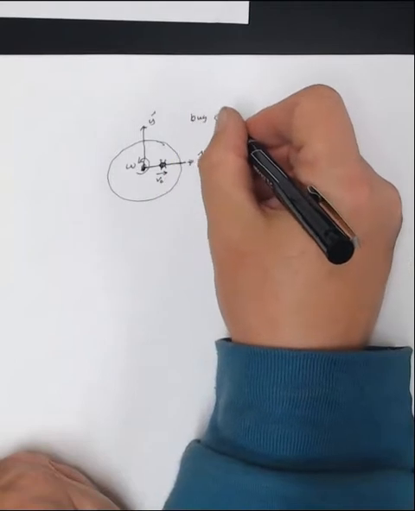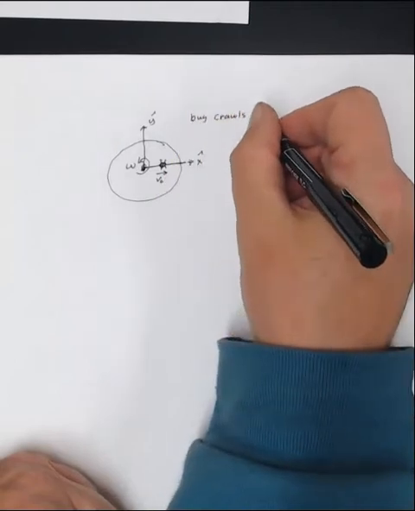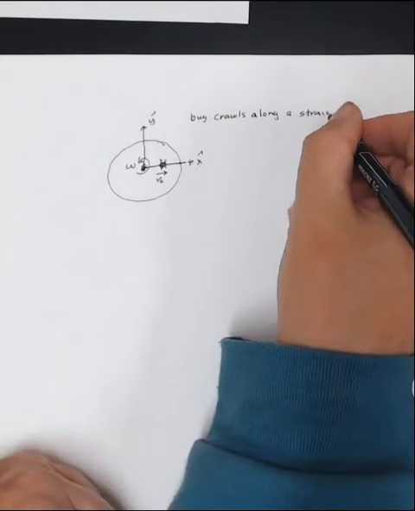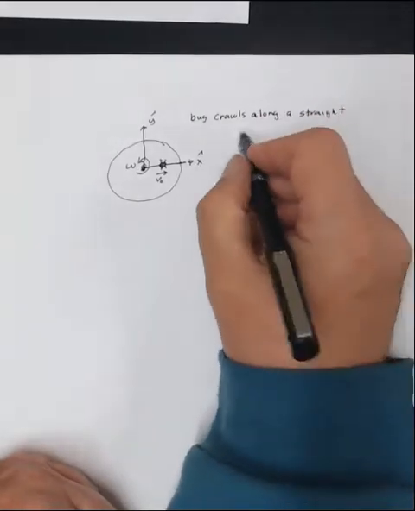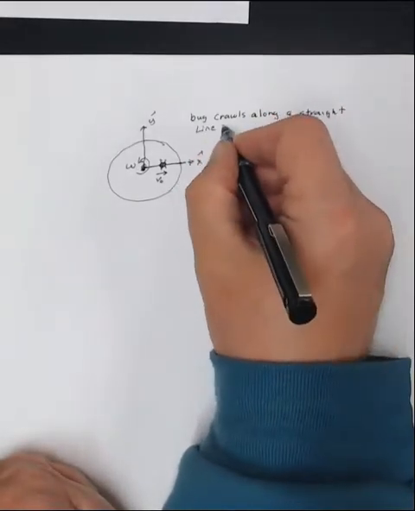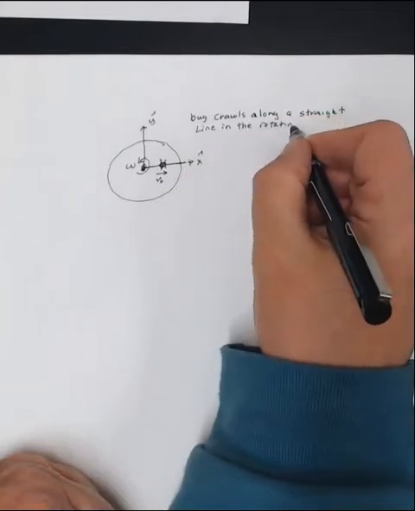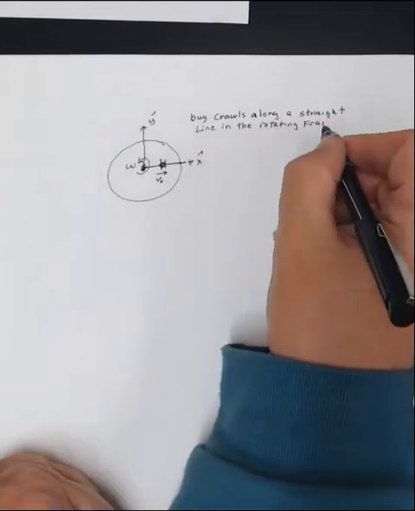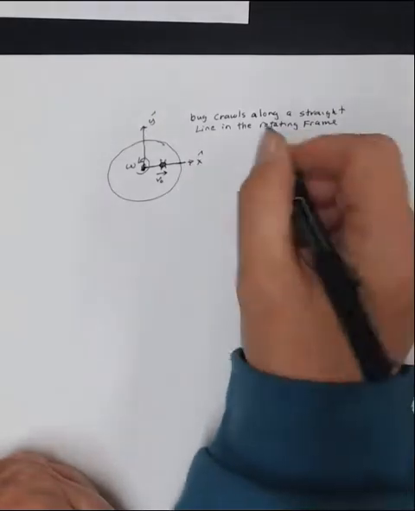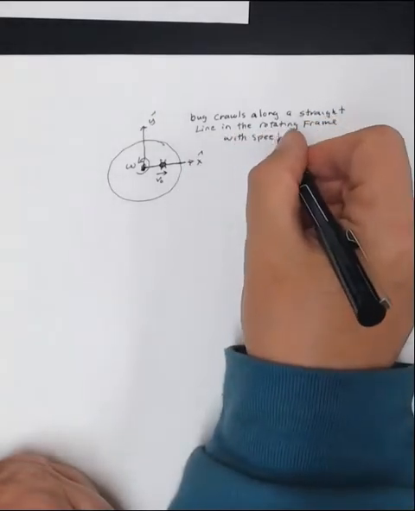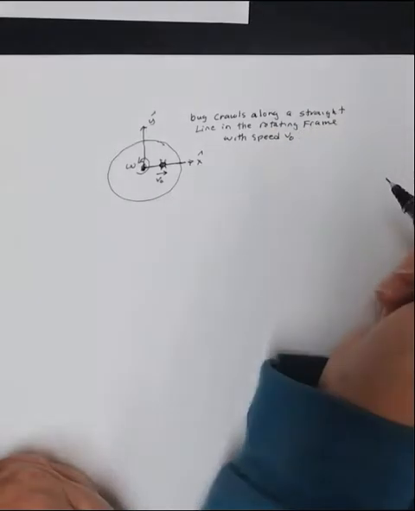So the bug crawls along a straight line in the rotating frame with speed v naught. Let's find all the apparent forces on the bug.